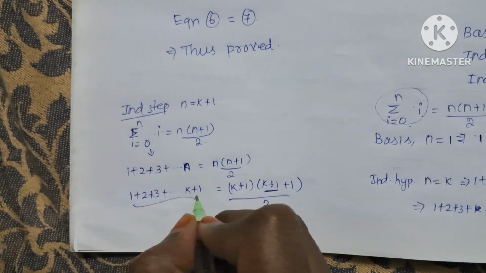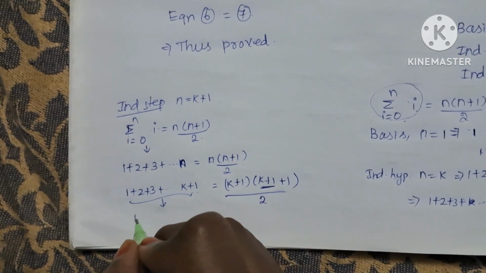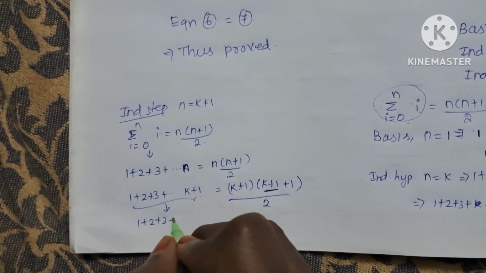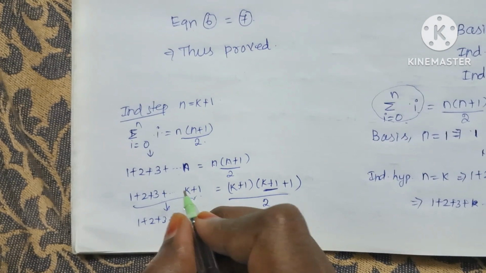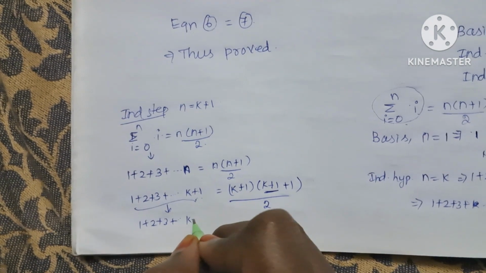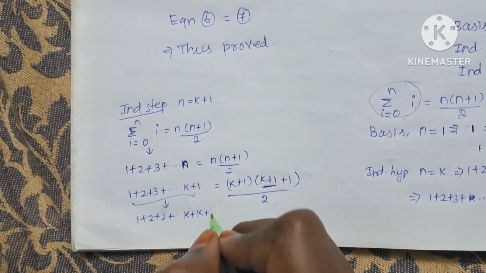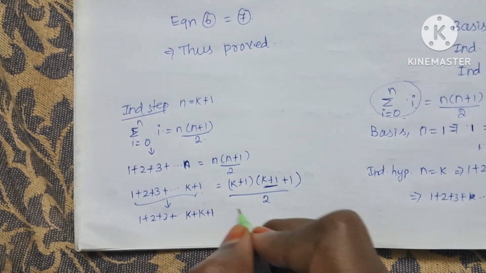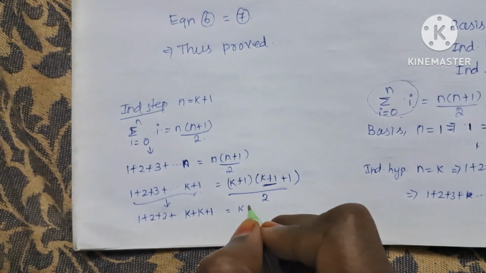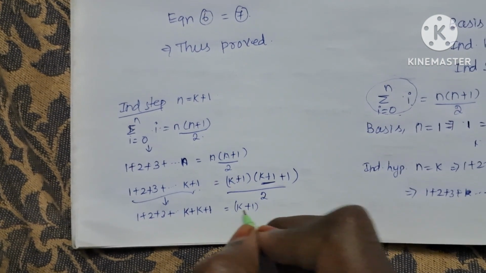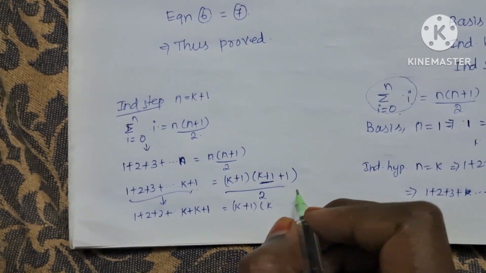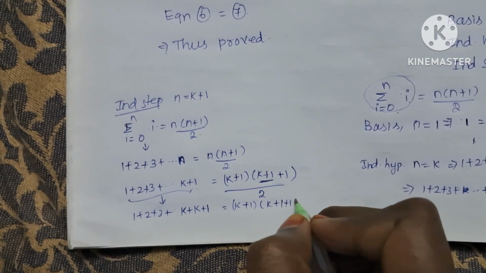So this left hand side can be written as 1 plus 2 plus 3 plus up to k plus 1. The previous value of k plus 1 is k. So k into k plus 1 is equal to k plus 1 into k plus 1 plus 1 by 2.